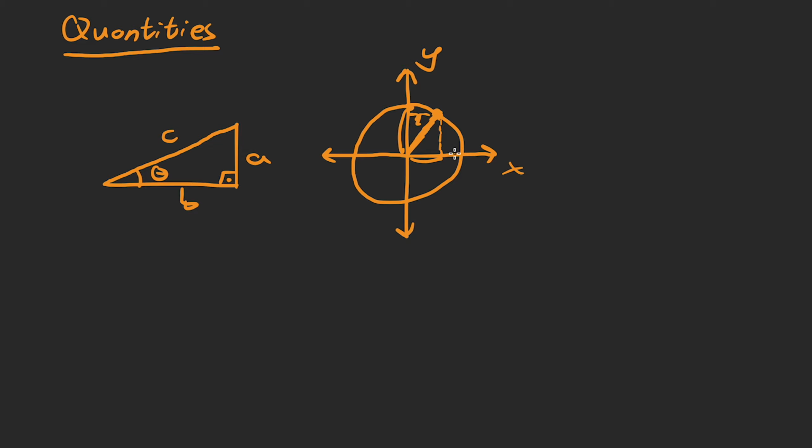How do we know that? Well, if we know the angle of this length with the horizontal axis or the vertical axis, it doesn't really matter, we can get a shape which is basically a triangle.